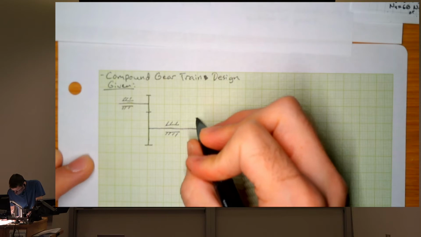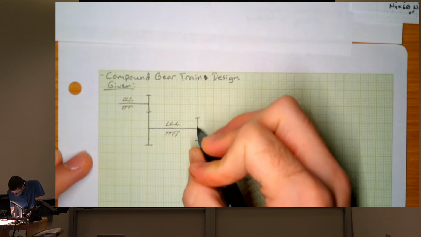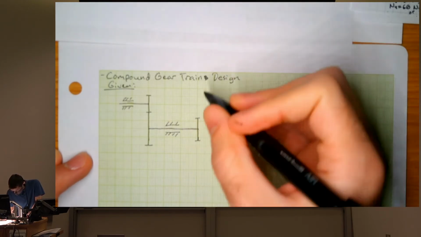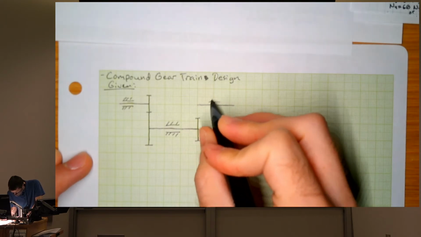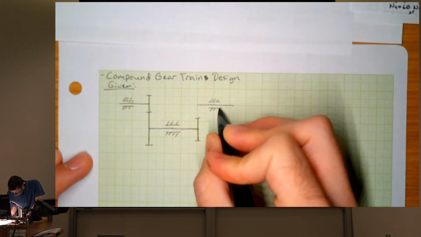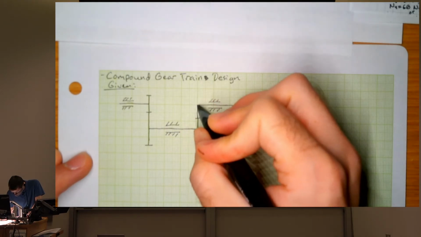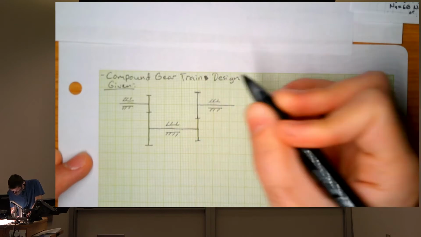And that one connects to another gear here on the same shaft. And then we have the output shaft here, like that.